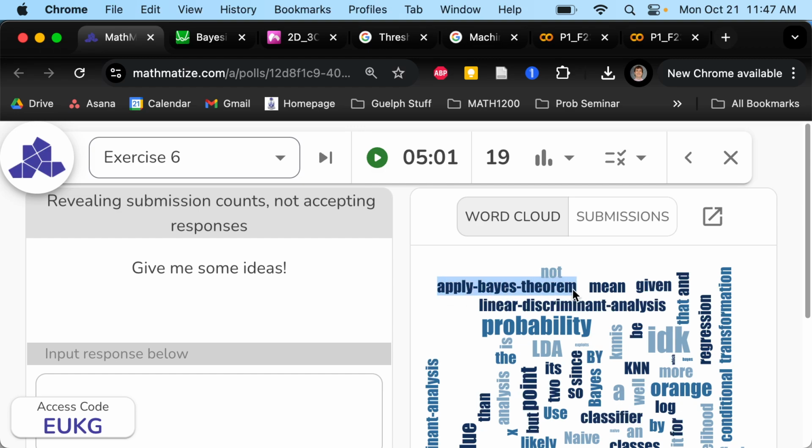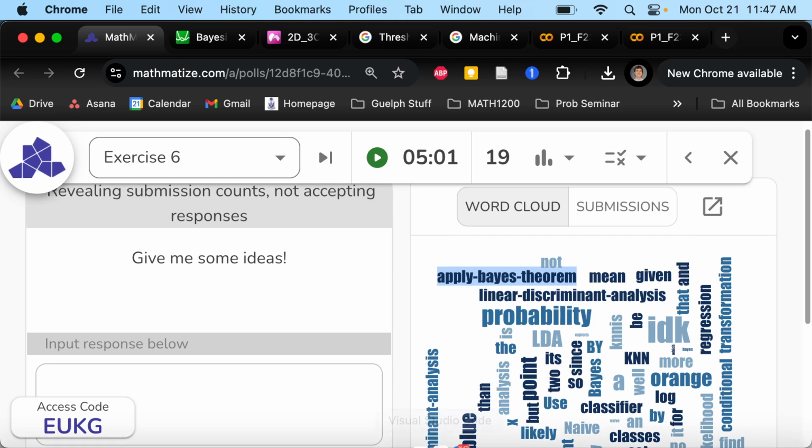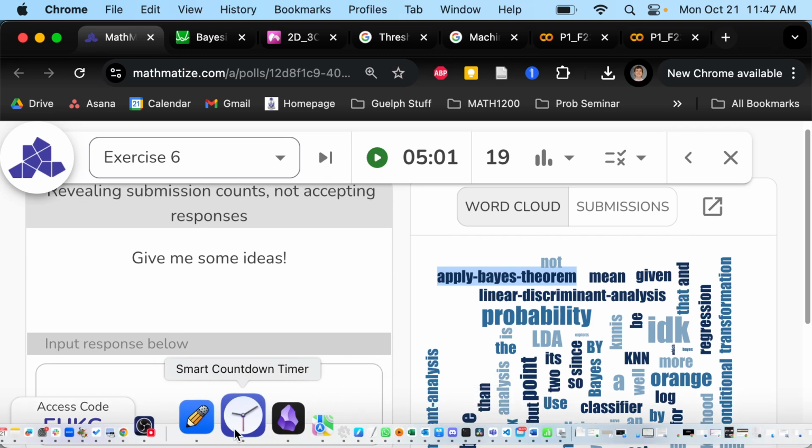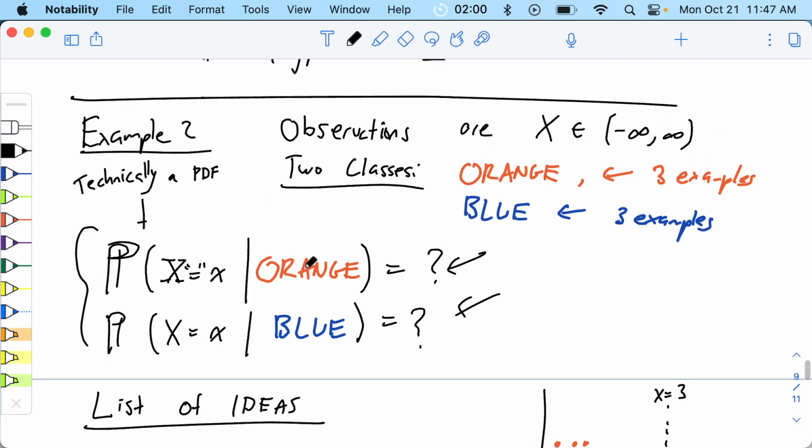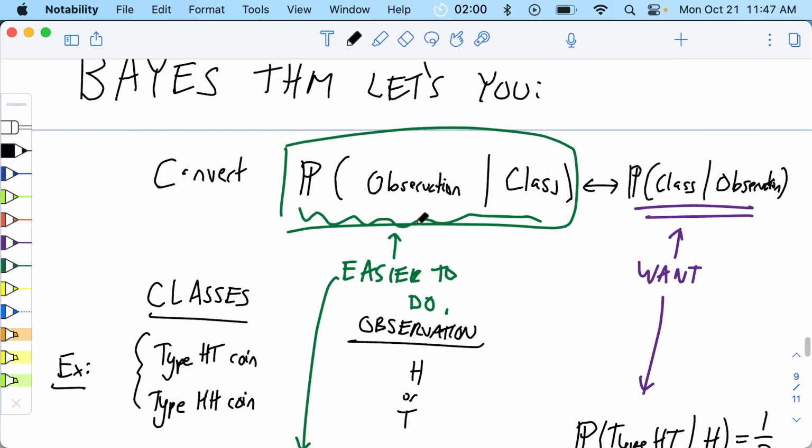Apply Bayes' theorem. That is not what we're doing, right? So I think this is an important thing to understand. Bayes' theorem is like a machine that takes the answer to the easy question, what is the probability of the observation given the class, and answers the classification question. So Bayes' theorem is a conversion from this question to that question, and this is the classification question.